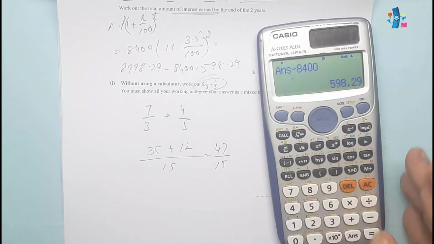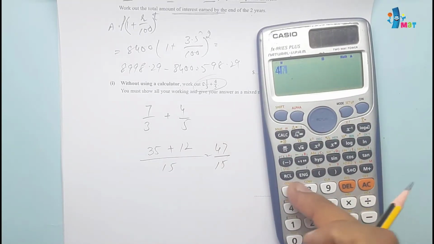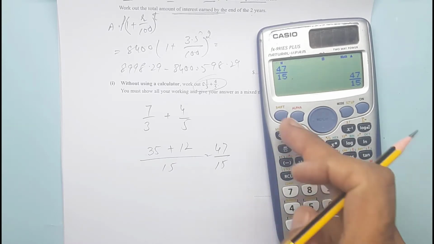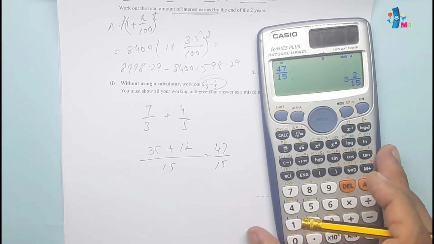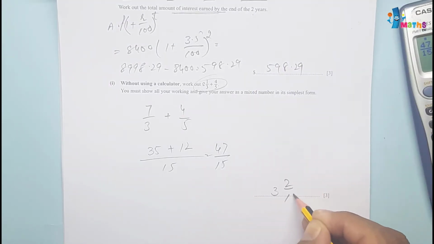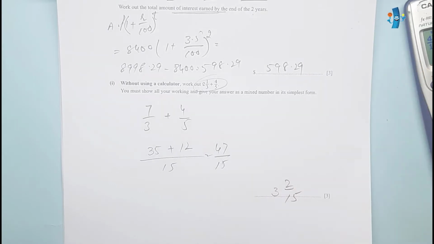In mixed fraction, 47 over 15 will be 3 whole 2 by 15. 3 whole 2 by 15 will be our answer.